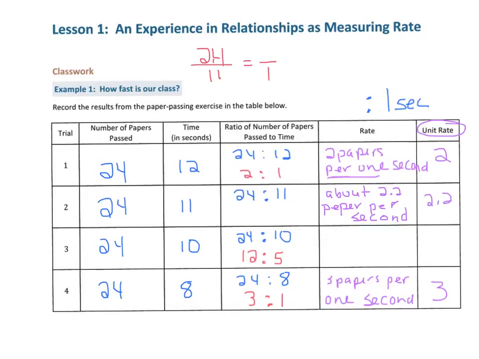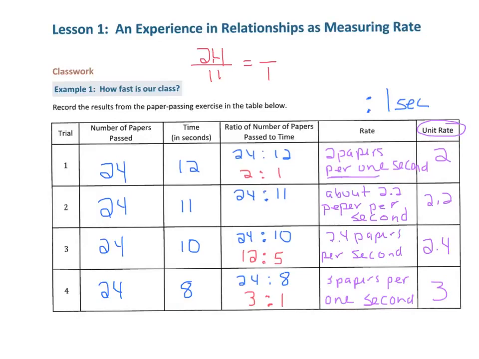And 5 goes into 12 2.4 times. So for the third trial, 2.4 papers per second. So our unit rate was 2.4. All of this hopefully is a review from when you were in 6th grade.